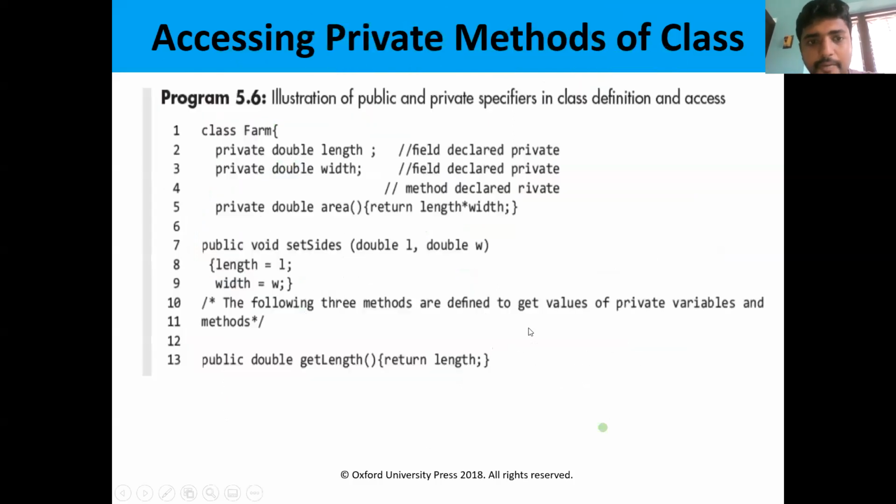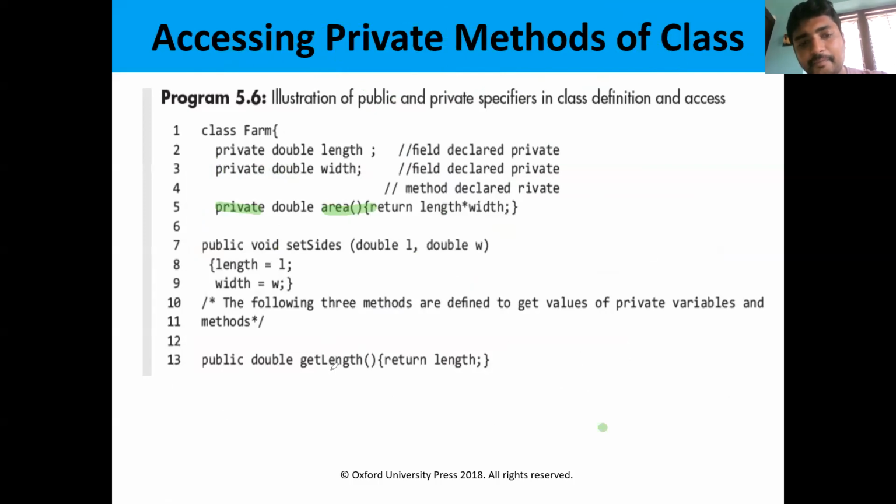Next one is the private methods. Here he is accessing the private methods. Area is declared as private, so it can be accessed by using get area, which returns area.